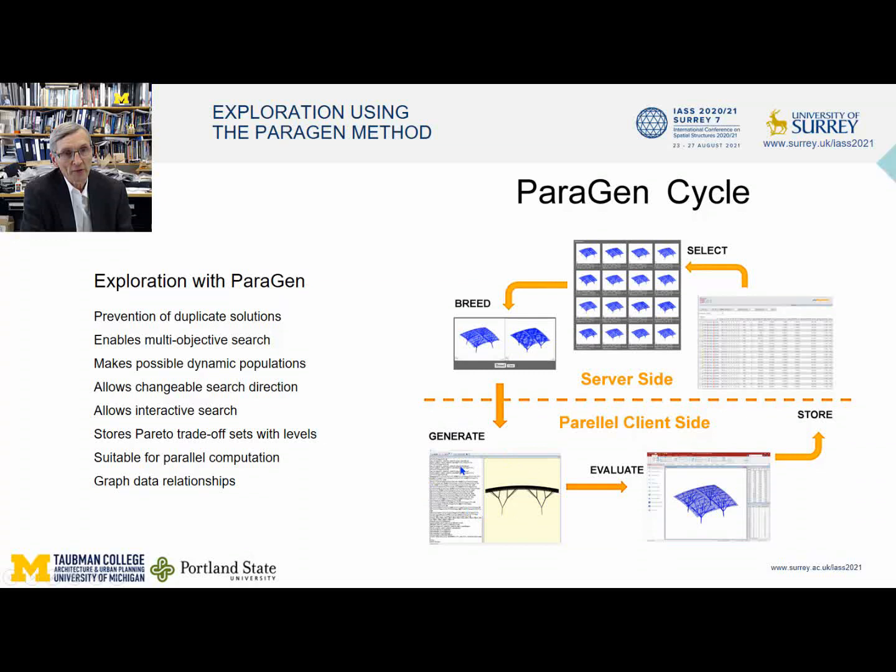And Formian generates the geometry and passes that geometry on to STAAD.Pro, where it's analyzed, the pipes are sized, deflections are calculated, a series of different parameters are generated, and then all of that information is sent back up into the SQL database where it is stored and can be used to explore different options.